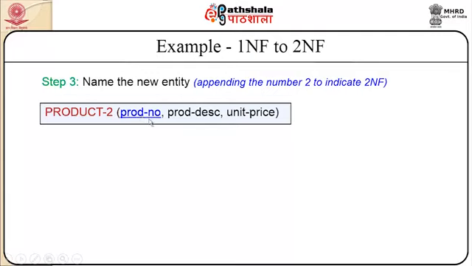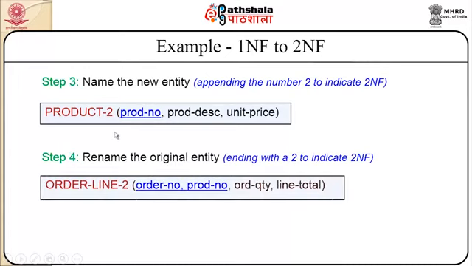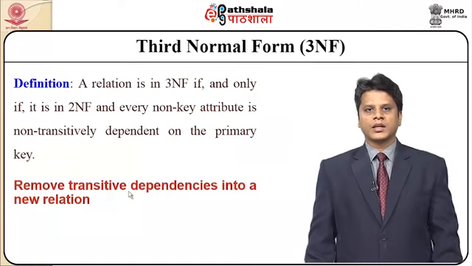The new entity with attributes product number, product description and unit price is named product 2, whereas the original relation, order line 1, has a reduced set of attributes now. So, we also have to rename the original entity. The original entity now has only 4 attributes, so it becomes order line 2, the result of second normal form.